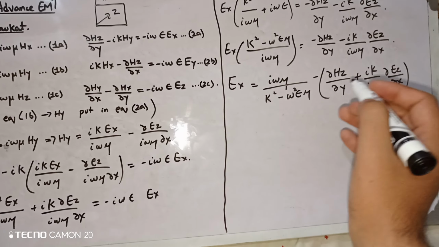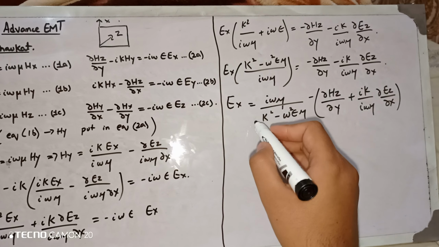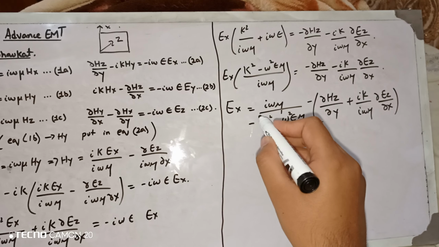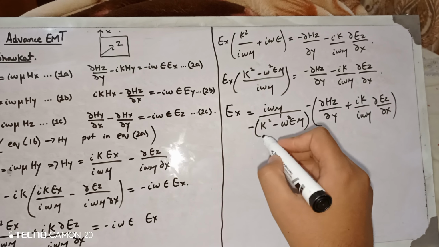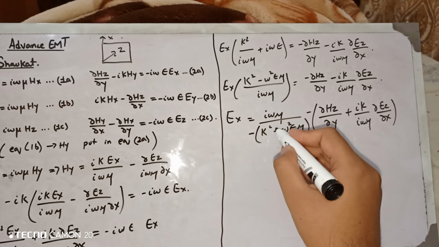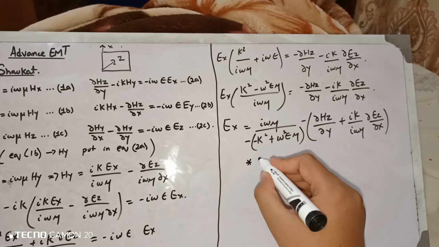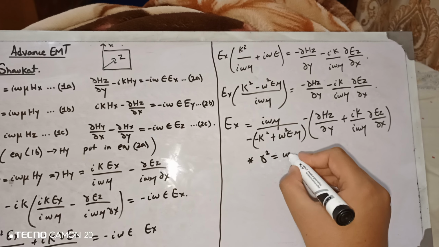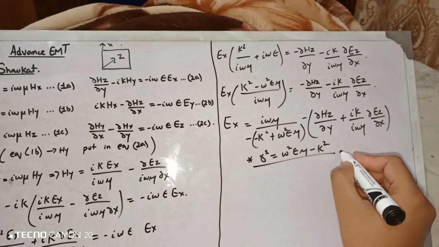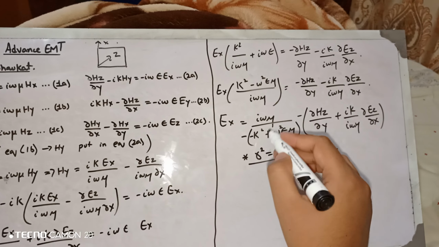Okay, now we have to cancel this minus sign. We again take minus common from this denominator, so this becomes positive and this becomes negative, and there is a relation that r square is equal to omega square epsilon mu minus k square. Whenever you see this expression, you have to replace it by r square. So here you can see this equation.